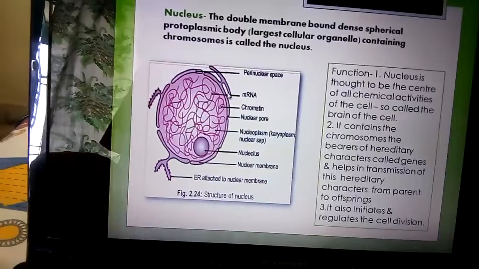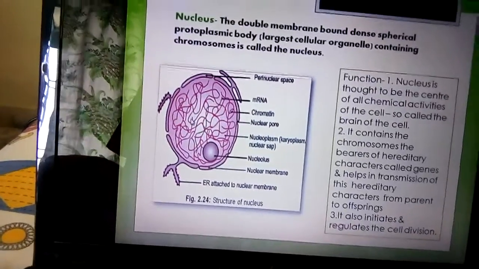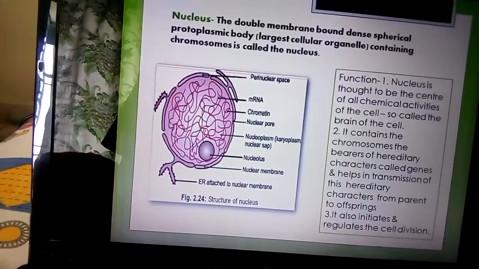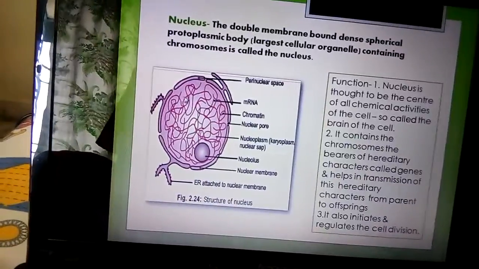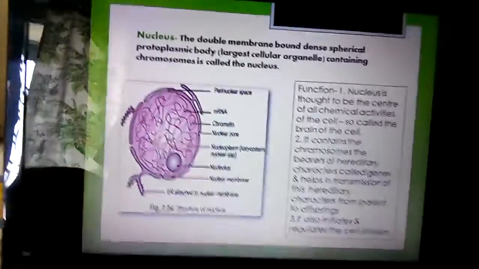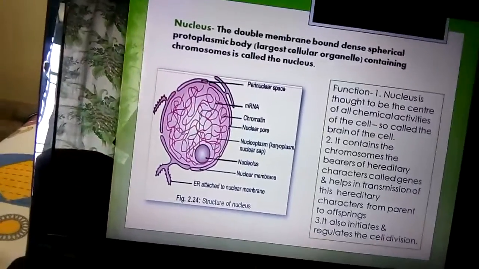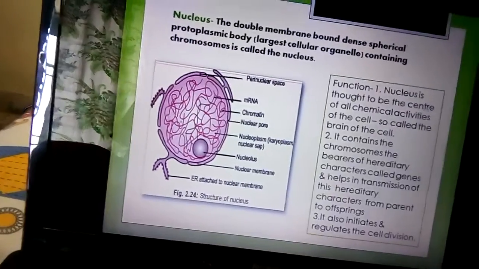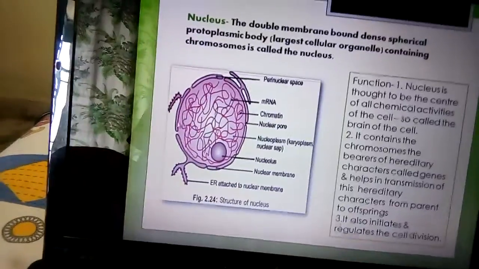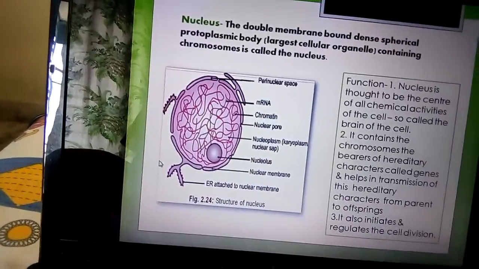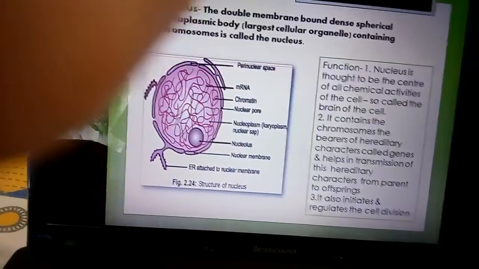Next, the nuclear reticulum or chromatin reticulum. What is the nuclear reticulum? Suspended in the nuclear sap, there lies an irregular network of delicate threads called the nuclear reticulum or chromatin reticulum.